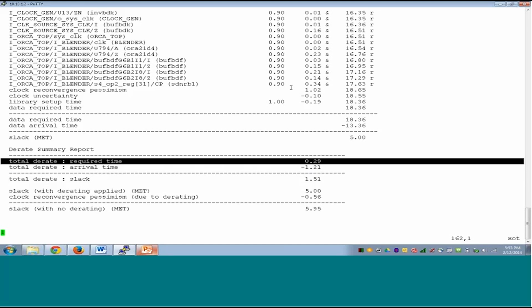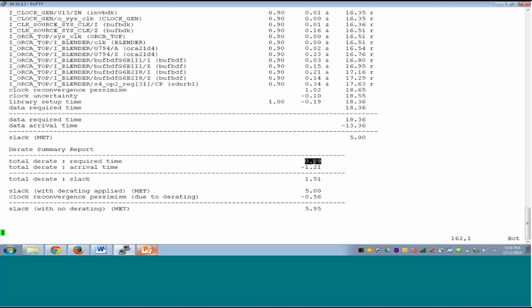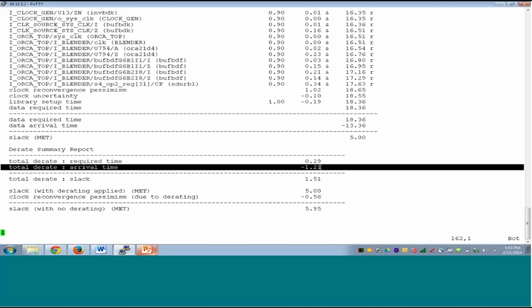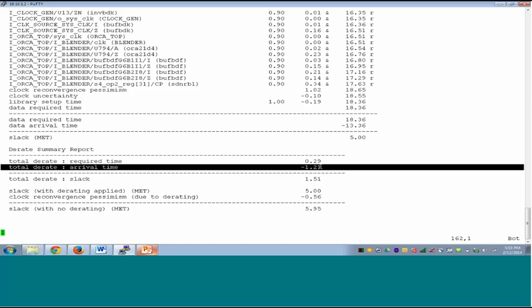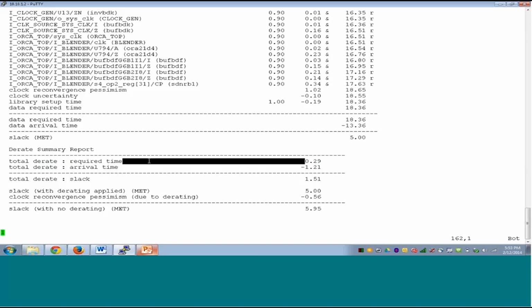So the derate effect is 0.29 for the required edge, for the capture edge. The derate effect is 1.21 for the launch part. This derate effect is more because the data path is bigger, plus it also has a launch clock path. The required time only has the capture clock path. That's why the derate effect is less. Slack is 1.51.